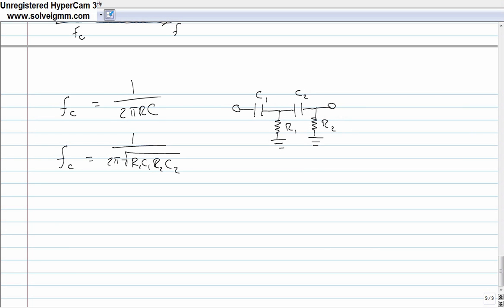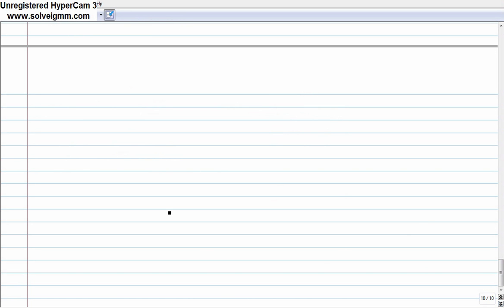Now, the last filter we have to talk about is the bandpass filter, which is probably the weirdest of the three. A bandpass filter is a combination of the high-pass and low-pass filter. And I mean that quite literally.